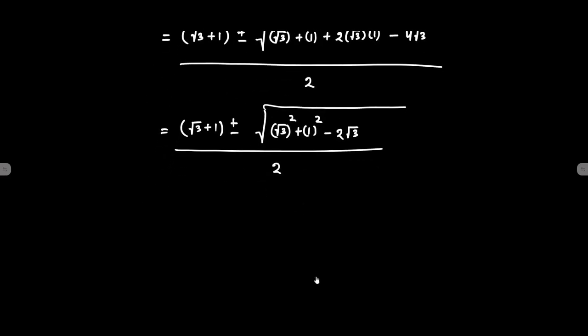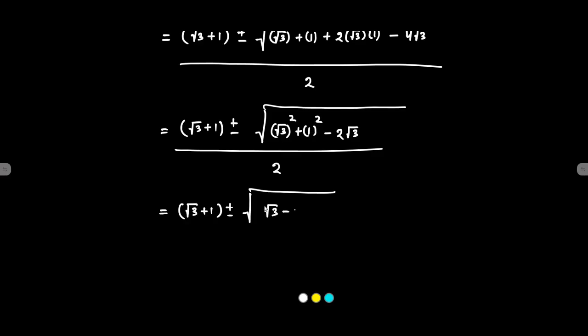So we can replace this as root 3 plus 1 plus minus root over of root 3 minus 1 whole square, a minus b whole square, a square plus b square minus 2ab. This is 2 root 3 into 1.